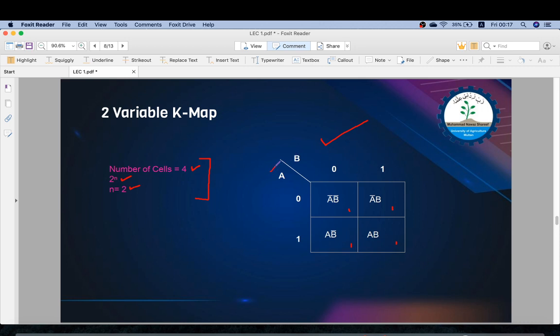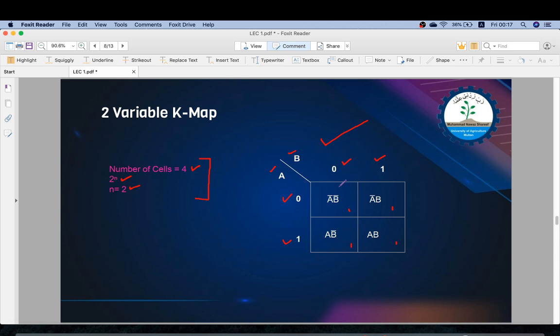These are the variables A and B, with zeros and 1s, along the horizontal and vertical. Now in each cell we see A complement B complement, A complement B, A B complement, or AB. How are these formed? I think all the students have some idea about this from previous lectures.